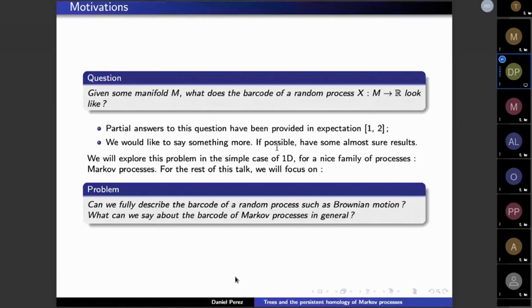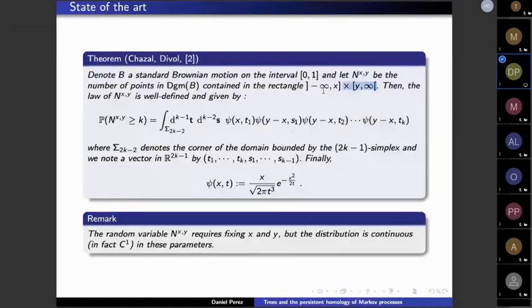We have a formula for the distribution of these variables, which I called nxy here, which is essentially counting the number of points in the diagram that lie within the rectangle, which is here. So we have the law of this, and it depends on this function psi, which will come back later. Please remember it if you can. It's not very important, but it would be nice.